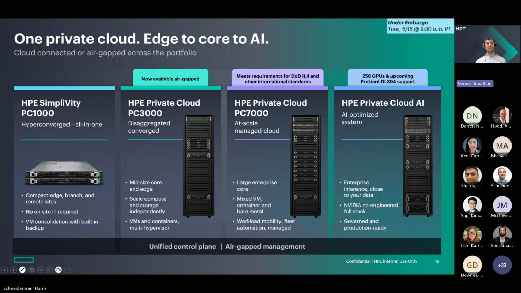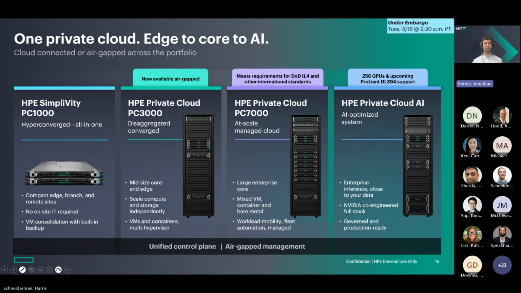If we start on the very left-hand side, the HPE SimpliVity PC1000, the name that we use for it today, was formerly known as HPE SimpliVity, which is our hyper-converged system, also known as HCI, which allows for seamless and easy deployment. We have the inbuilt backup policies, and it's primarily used for edge or remote sites.